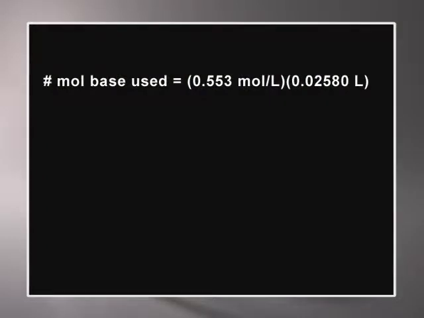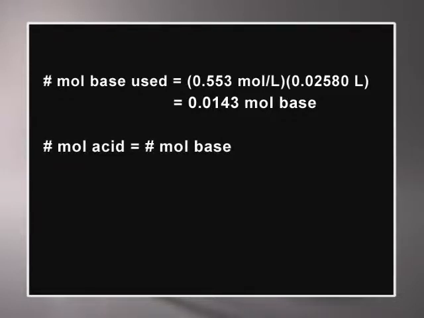The number of moles of base needed to react with the acid is equal to the concentration of the base times the volume that we used. This would be 0.553 moles per liter times a volume of 0.02580 liters, or 0.0143 moles of base. The number of moles of acid we titrated is equal to the number of moles of base it took to neutralize it.